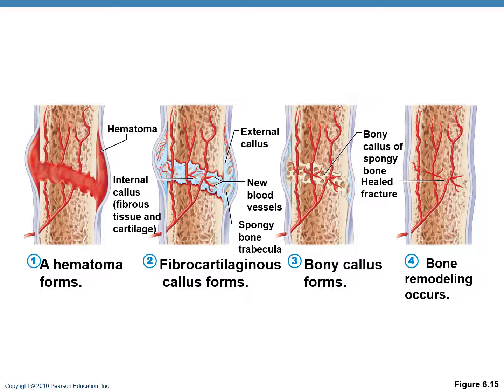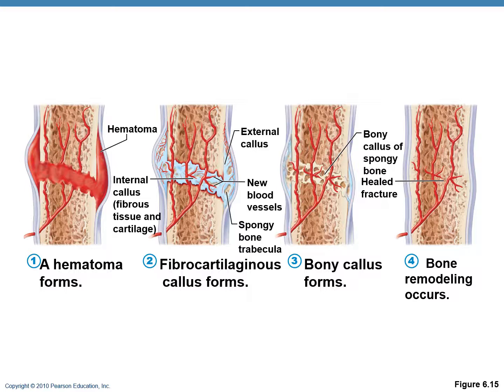So step one after a fracture occurs is going to be the formation of a hematoma. You have blood clotting occurring where this break was due to breaks in the blood vessels. Step two is going to be a fibrocartilaginous callus is going to form. Step three is going to be a bony callus forming.